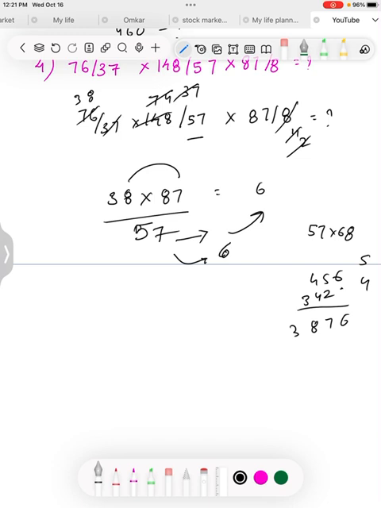And you can see here, so in this way we'll get this one.